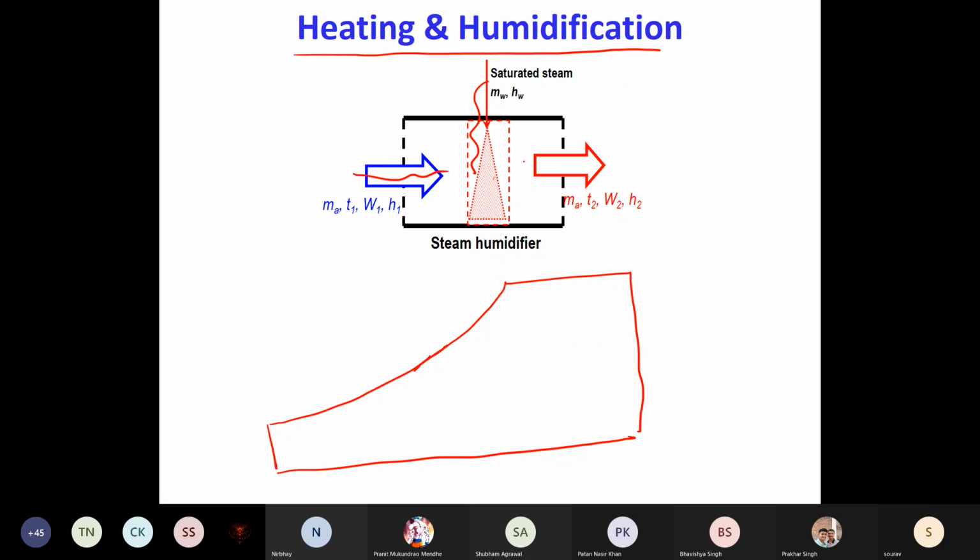So this is a very common psychrometric process which is done in winter air conditioning systems. So whatever we use in our home in India is mainly classified as summer air conditioning system.